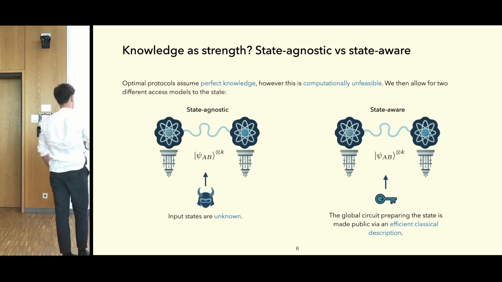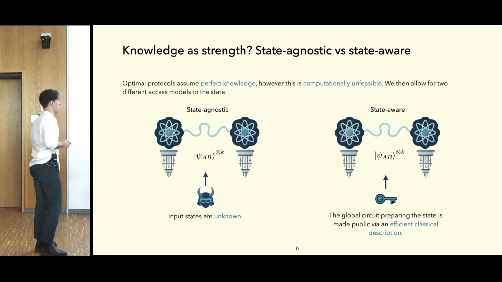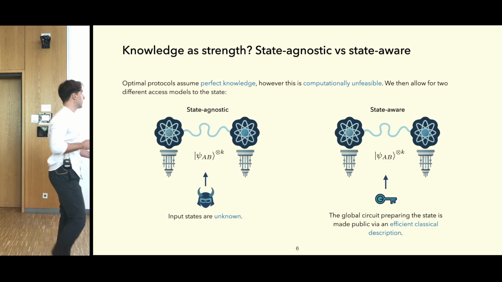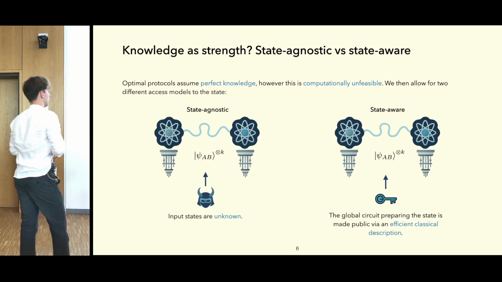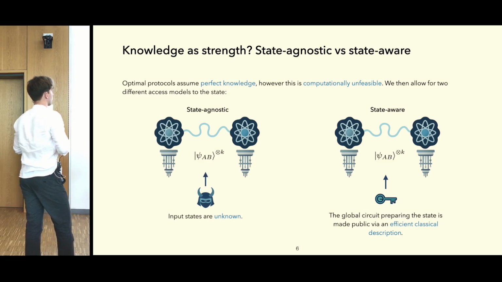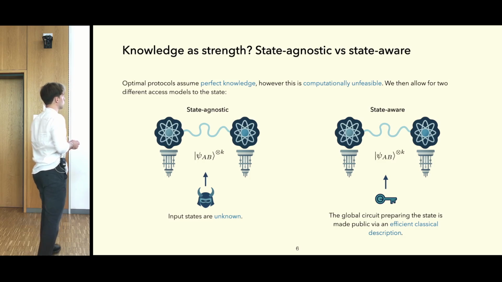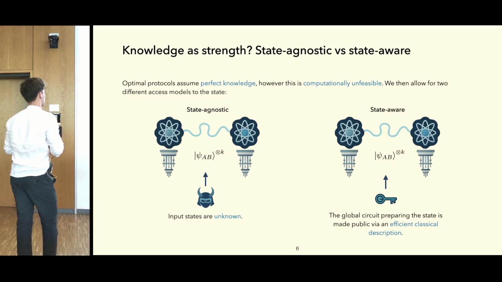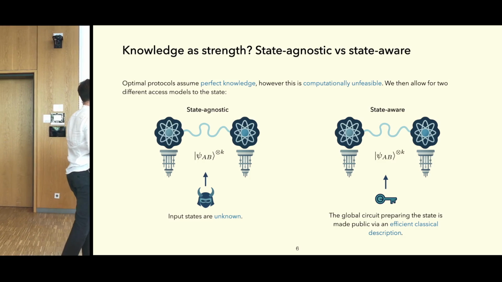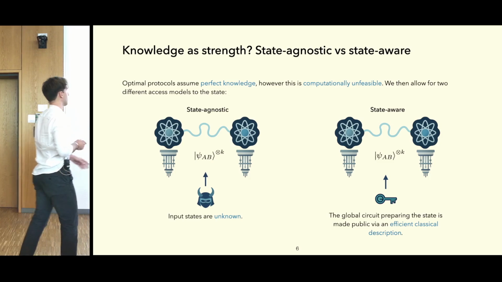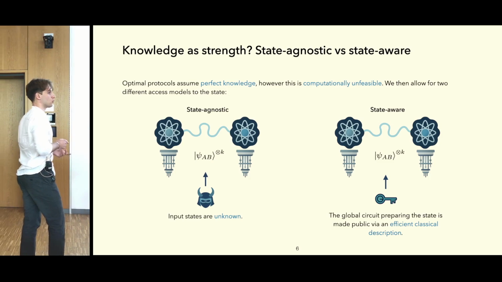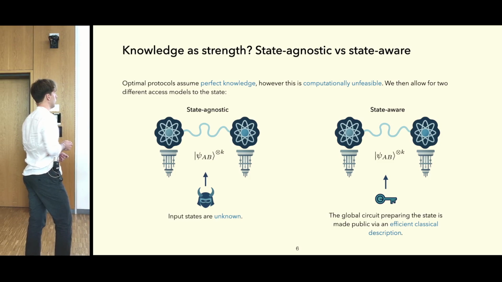In the previous introduction, however, I missed a fundamental observation, which is that the optimal protocol depends on the state. So somehow we need to talk about these two agents having perfect knowledge about the state. However, this contradicts our framework because, in general, it's not possible to have perfect classical knowledge, in an efficient way, of the state that we want to manipulate.